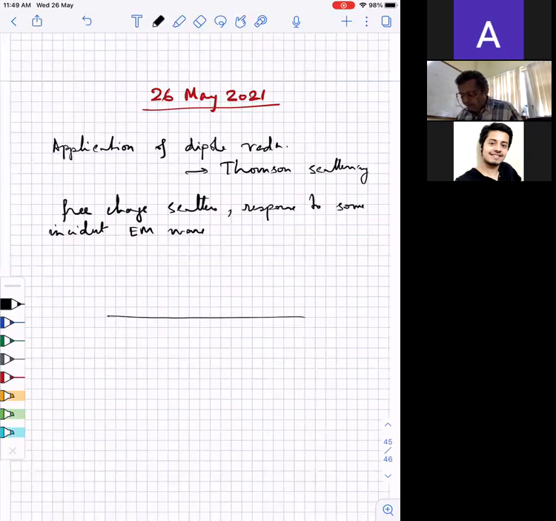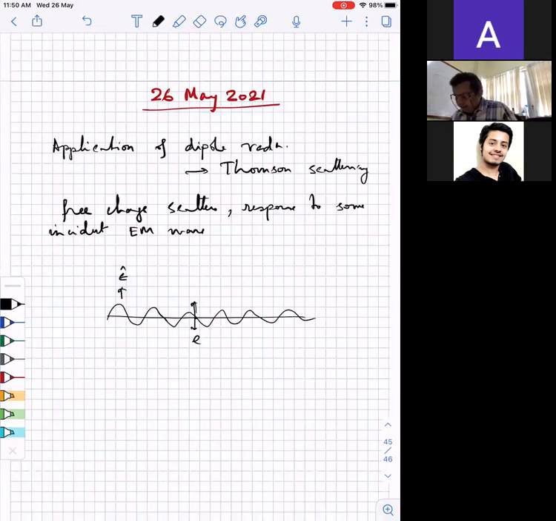Let's say there is an EM wave which is going like this. There is a charge over here, so because the EM wave is going, it oscillates. And the EM wave is polarized, so this is the direction, let's say. That's how it's going, so the electric field is going up and down.